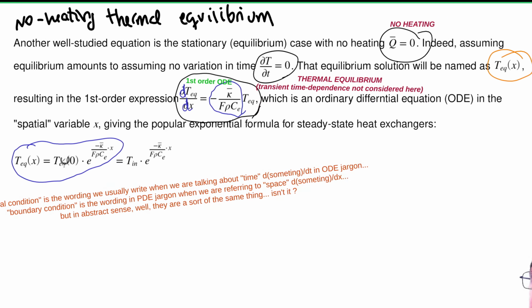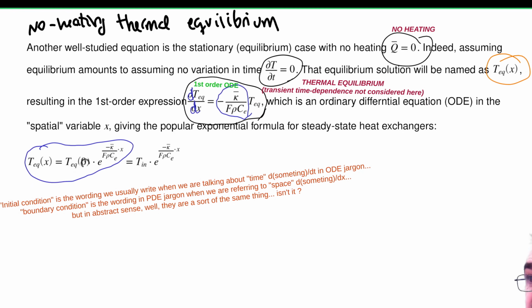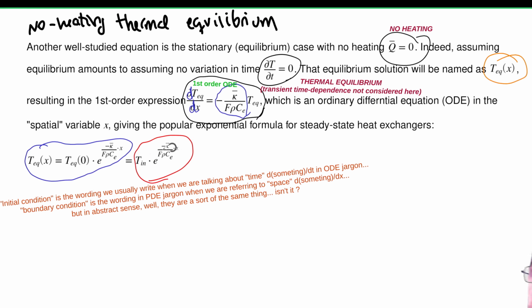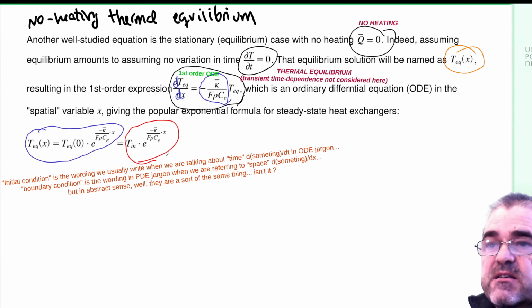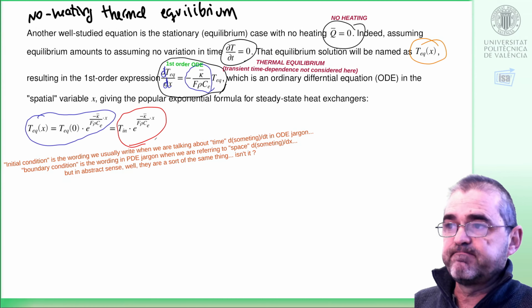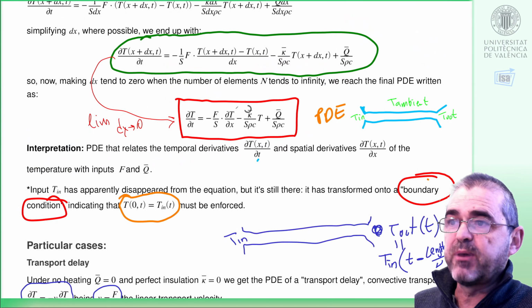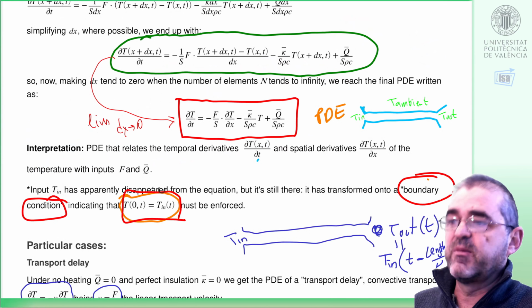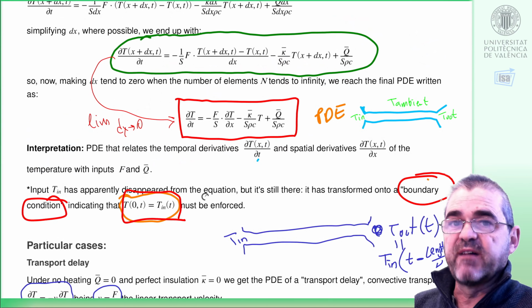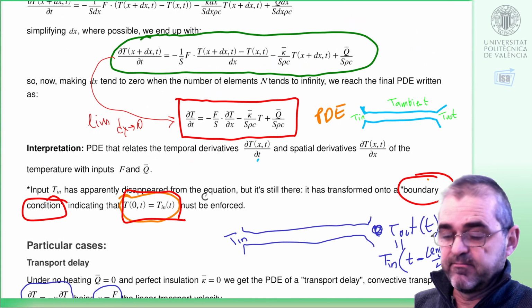And of course, the initial condition, as 0 is a position coordinate, it refers to the temperature at the left end of my heat exchanger, so it's the input temperature. So this is a well-known steady-state heat exchanger formula. But again, it's a particular case of our final partial differential equation and boundary condition we derived earlier on in this video. So we'll conclude.